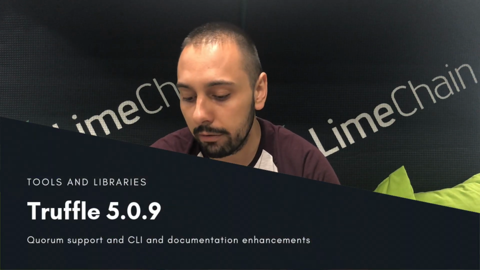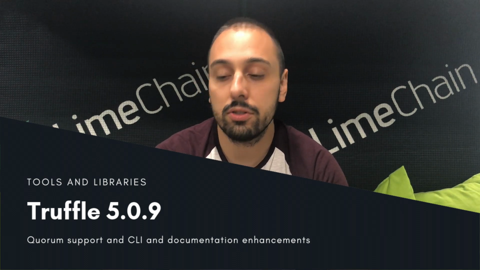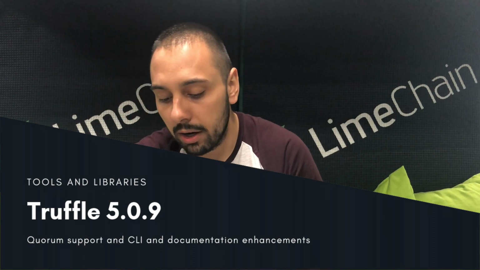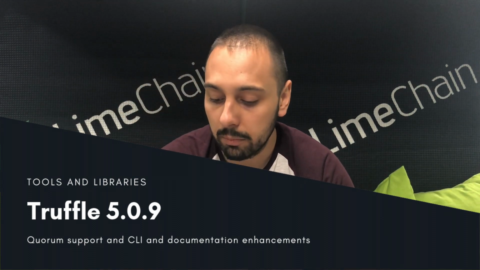And somebody that has not waited a long time to do a new release is actually our champions of Truffle, with their new 5.0.9 release. And the most notable thing is actually a new parameter in their Truffle config file where you can now specify that your network is quorum.